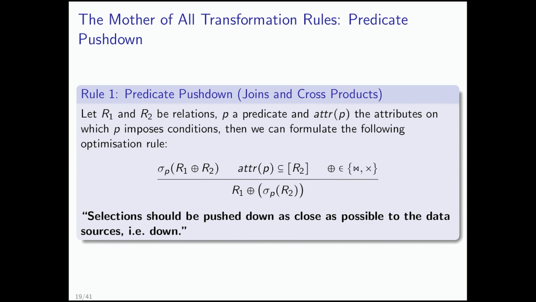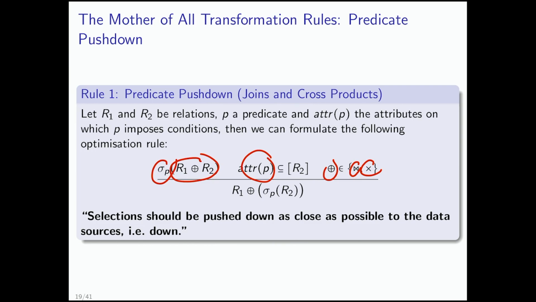So we have this situation that, let's assume for the moment this is a cross product. You have a cross product on two relations followed by a selection. And if the condition holds that this operation is either a join or a cross product, and the attributes that P uses, the predicate, this is written like A equals 2 and B equals C or something like that.